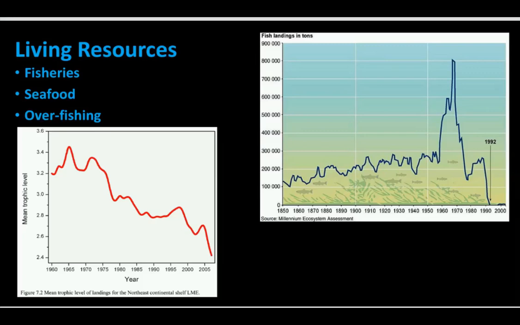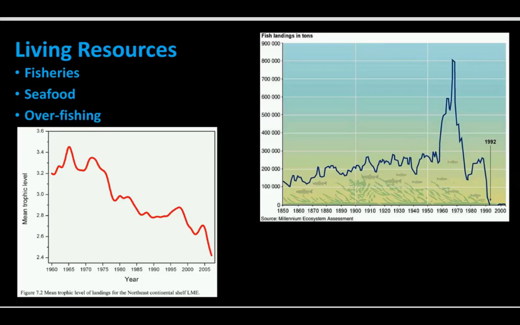If you look on the right graph, you can see again in the 60s and 70s, they're just going crazy catching so many fish. You see how high that is. And before that, it was relatively constant, going up a little bit. So we're taking fish out, but we're not taking too many out, and the fish can repopulate from that loss.